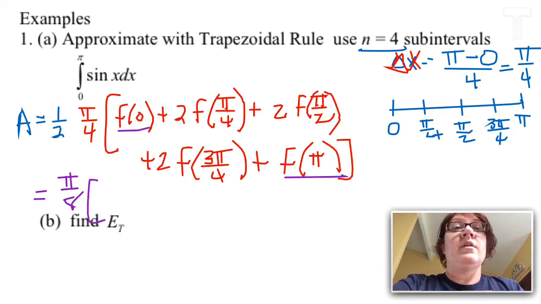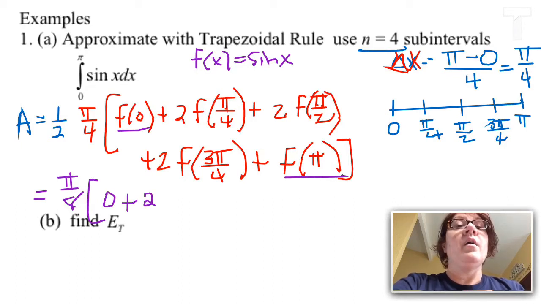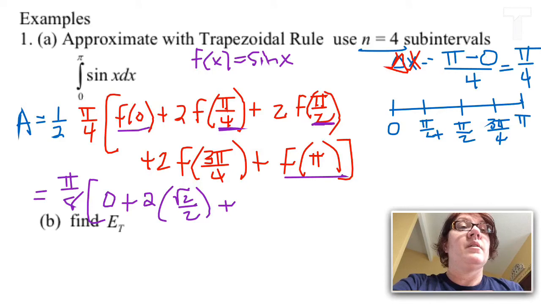And so now f of 0, so my f of x, of course, is sine of x. That's the function I'm integrating. So if I take sine of 0, it's 0. If I take sine of pi over 4, I get root 2 over 2. If I take sine of pi over 2, I get 1.